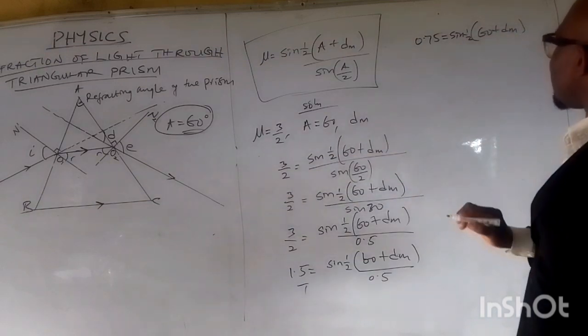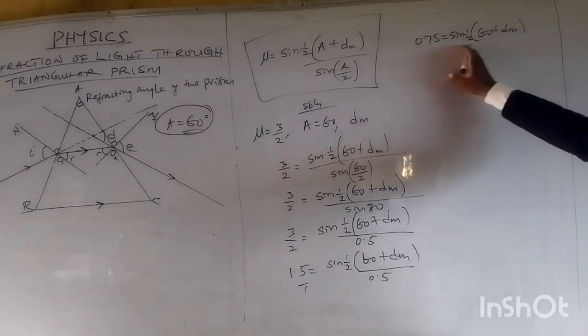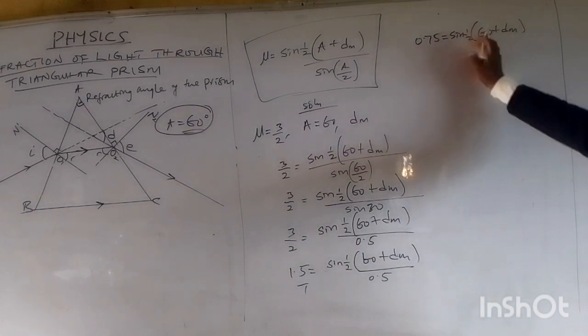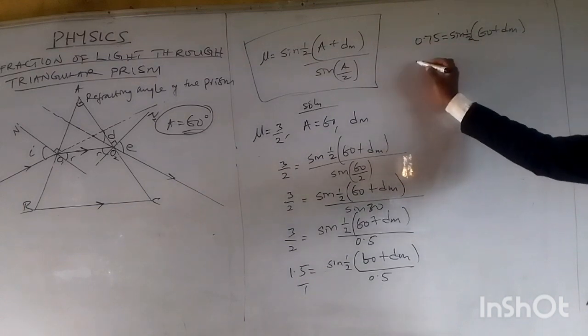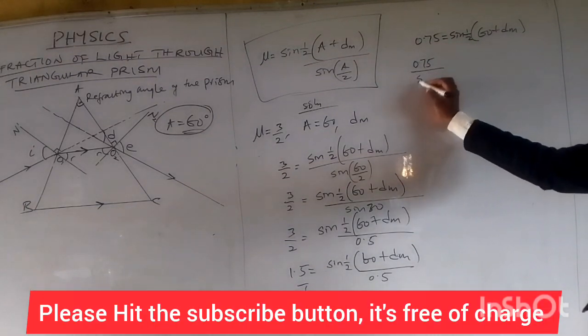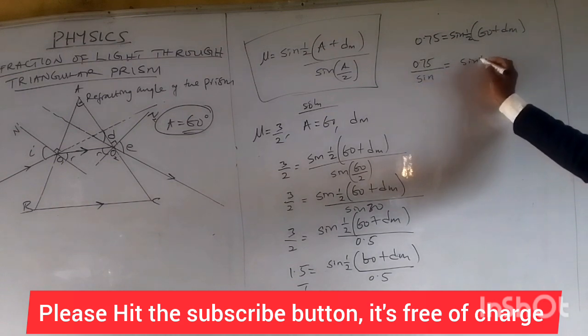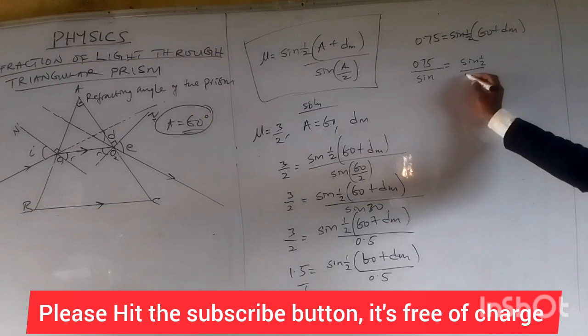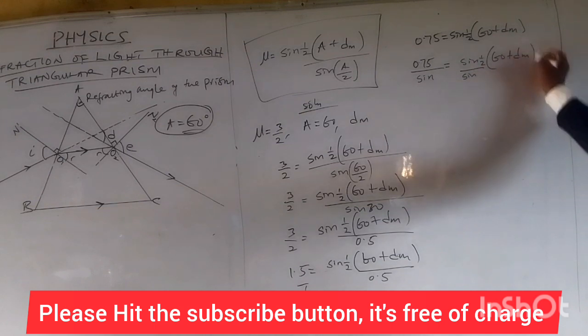At this point, we are going to divide both sides by sine because of this half here. So 0.75 all over sine is equal to sine half over sine into (60 plus D min).